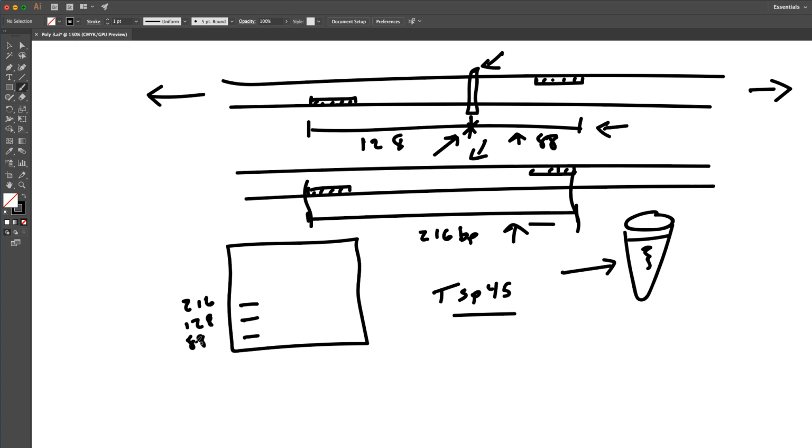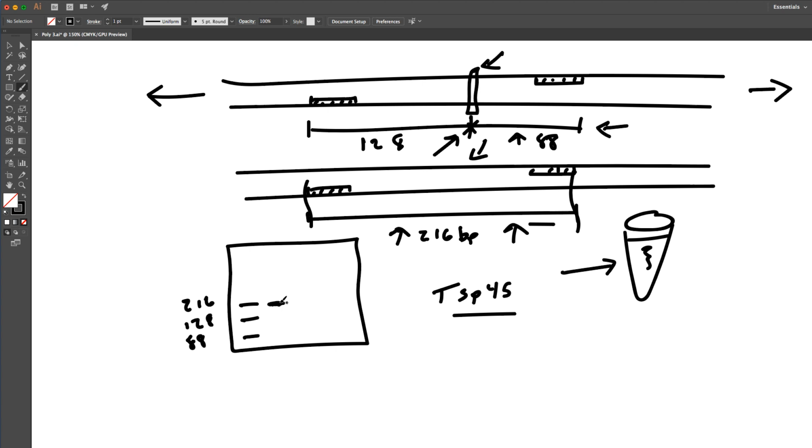Okay? Now, if you don't have the mutation, then you're just going to have two copies of this version that is uncleaved. So just a slightly heavier band because there's two copies of the 216 base pair band.